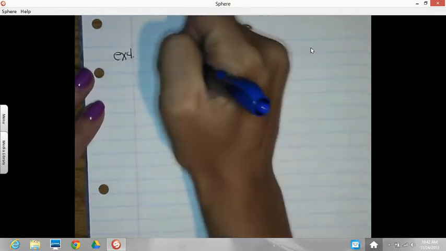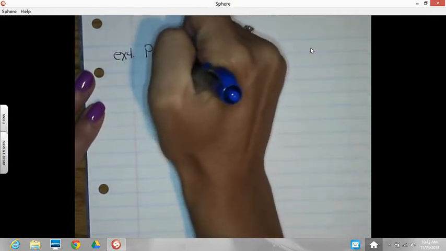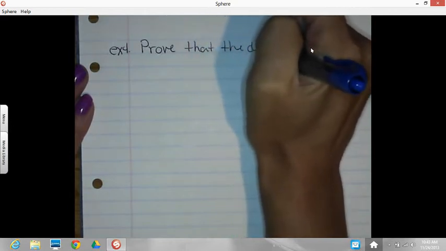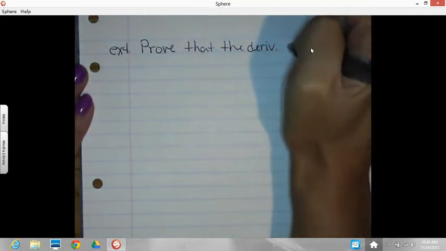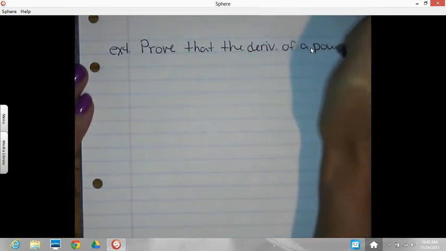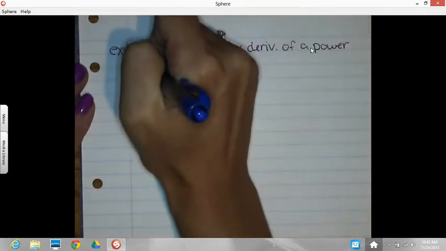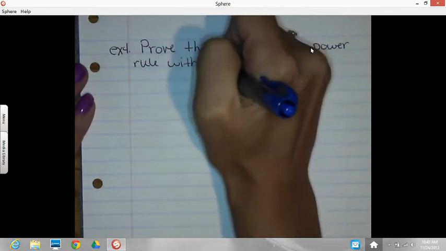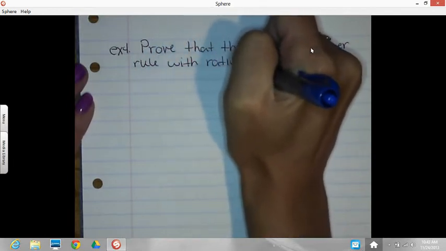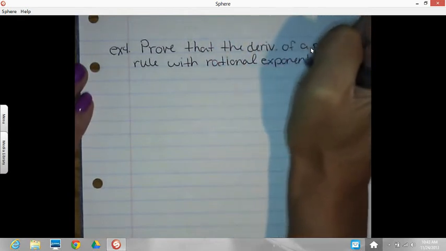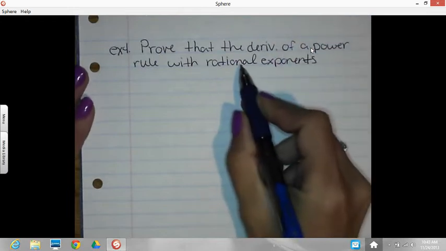Okay, here, I want you to prove, or show, I could have used the word show, that the derivative of a power rule with rational exponents gives the same derivative as implicitly differentiating with integer exponents. Remember, rational just means that the number can be written as a fraction.